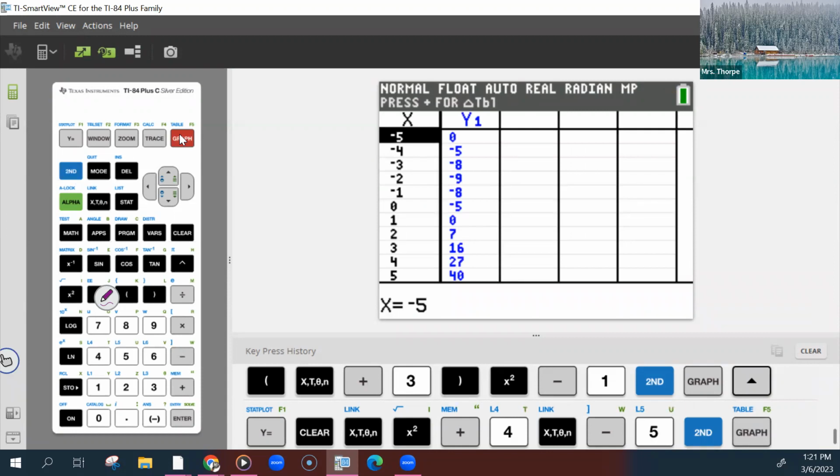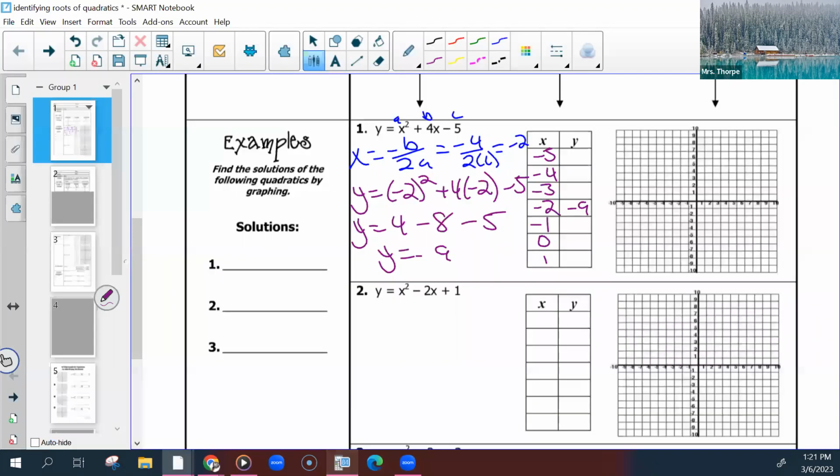So for -5, we have 0, -5, -8. And then it would repeat.